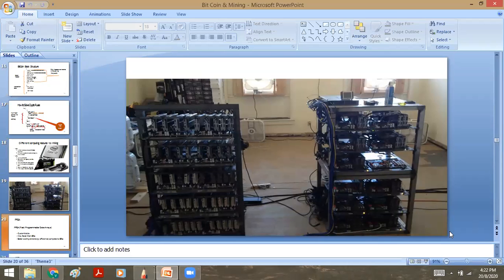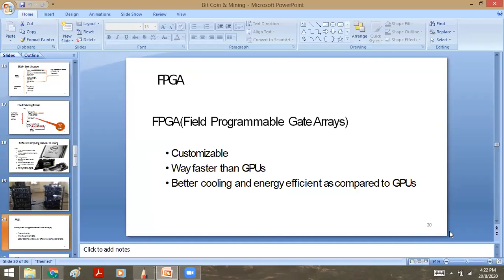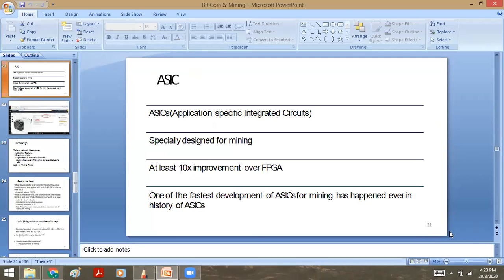People started using FPGAs, field programmable gate arrays, which are specially designed architectures that are faster than GPUs. Then with time the difficulty increased more, and people moved to ASICs, application specific integrated circuits.